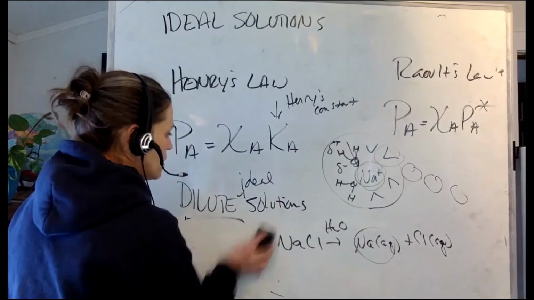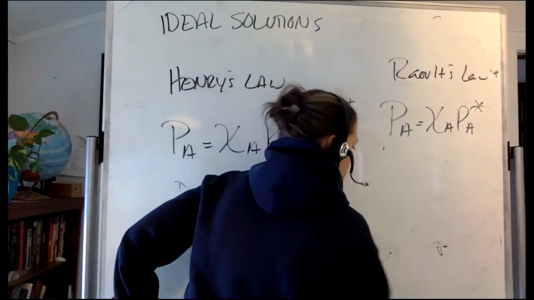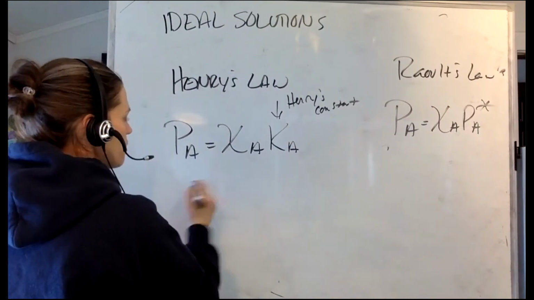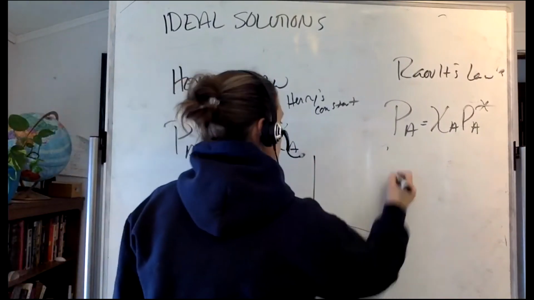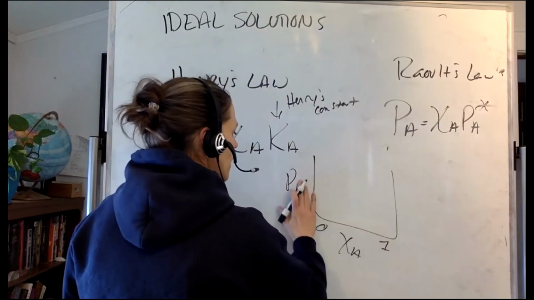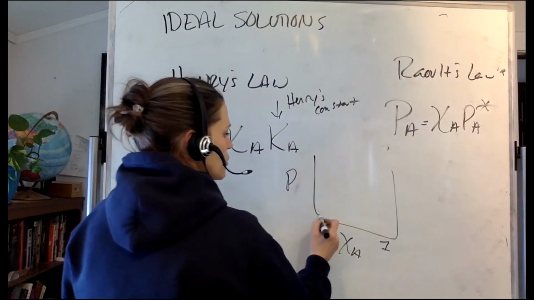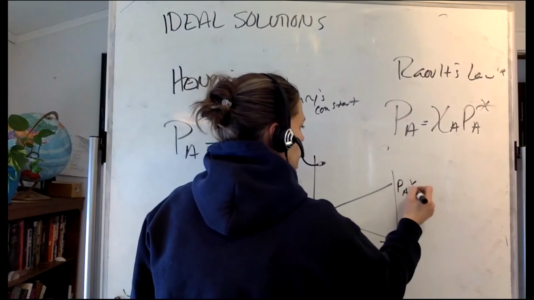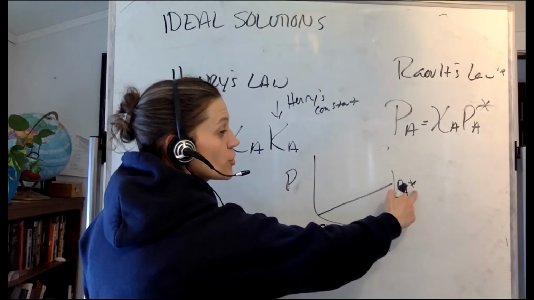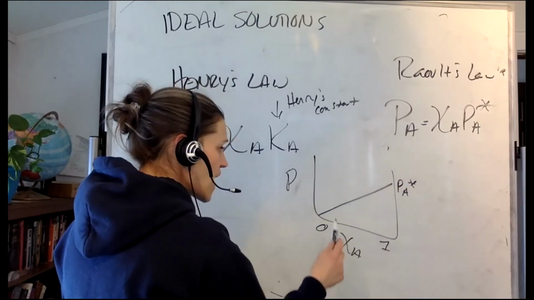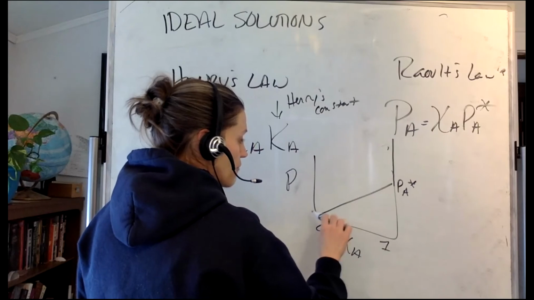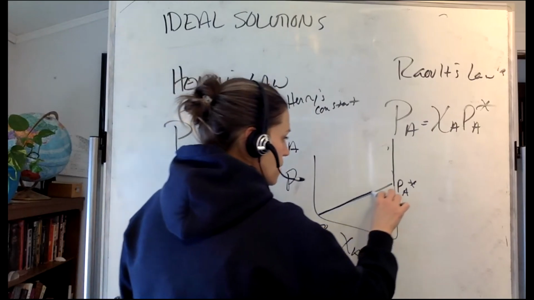Henry's law is a way to quantify that. Back to the picture: this axis is 0 to 1, and this is the vapor pressure. This is P_A star, 100% A, the pure vapor pressure. Henry's constant says that if it's ideal, it will be the same value.